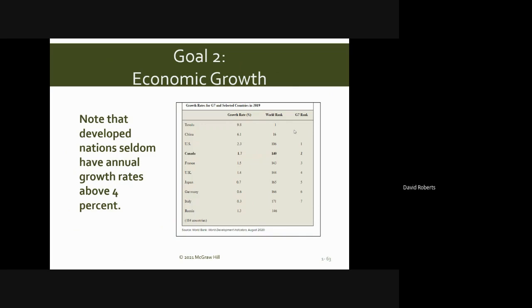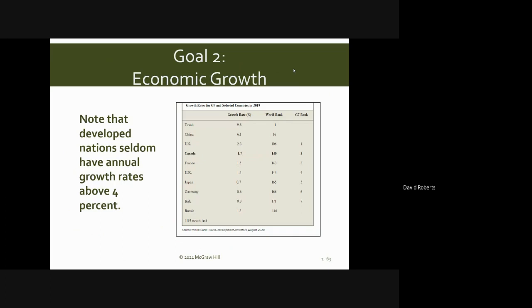And the economic growth, Canada ranked second in 2019 at 1.7. This is of the G7, which is 7 of the largest industrialized countries in the Western world. And you can see that Canada's growth rate was behind the United States.